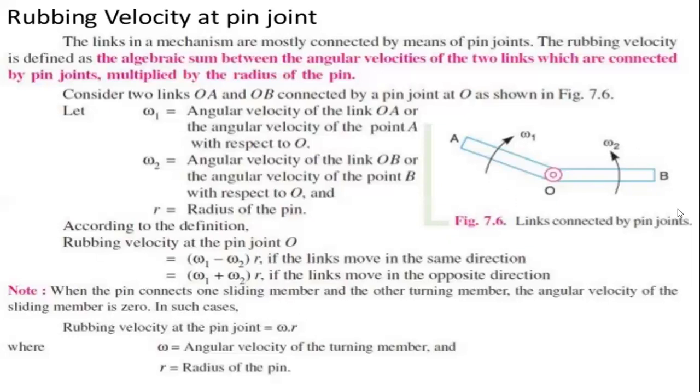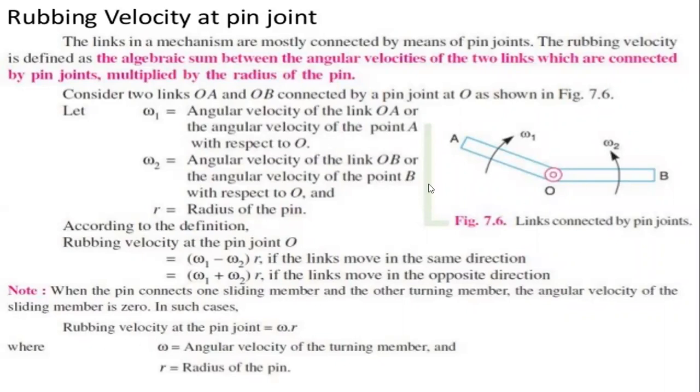So that is for both cases, the same direction and the opposite direction. When the pin connects a sliding member and a turning member, the angular velocity of the sliding member is 0. In such cases, the rubbing velocity at the pin is omega into r. So we are taking two different members, one a turning member and one a sliding member. Both are in the same direction, and the angular velocity of the sliding member is 0.